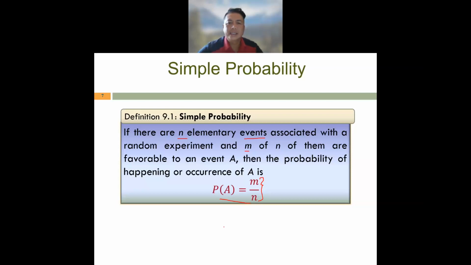What is the probability that today is Wednesday? Can someone answer that one?